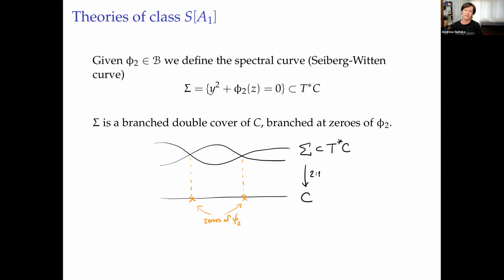Actually, it's a branched double cover. It's branched when the two square roots come together, which is to say exactly at the zeros of the quadratic differential. So in fact, instead of saying I study surfaces with quadratic differentials, I could equivalently say I'm studying a surface and a double cover of it that lives in the cotangent bundle.